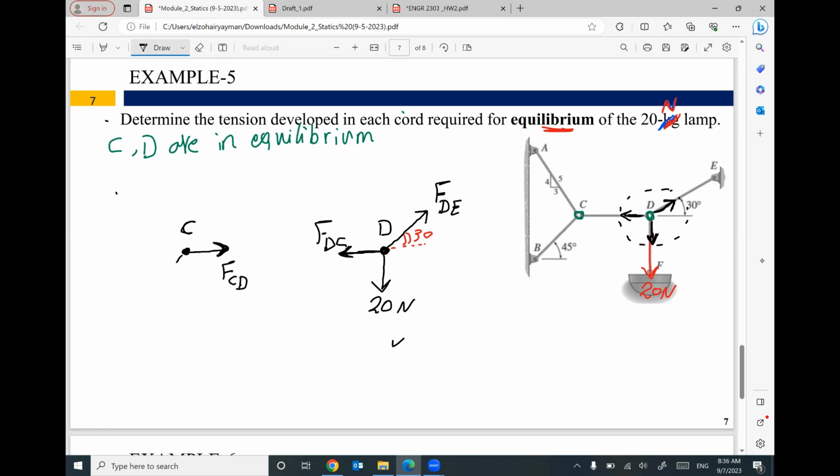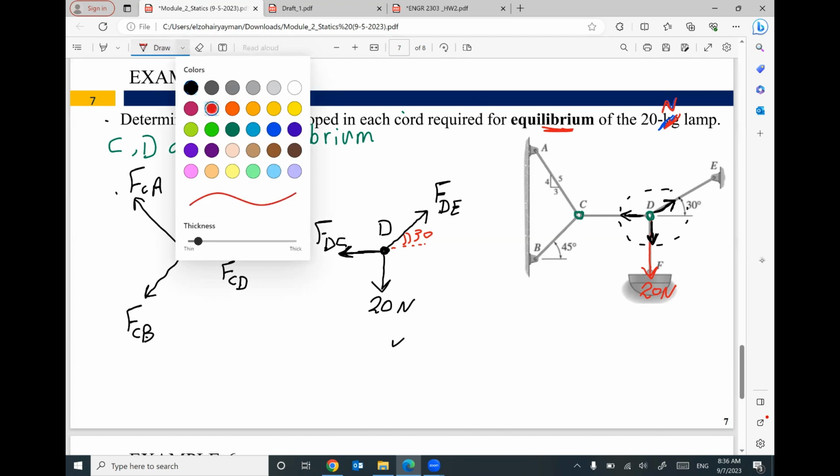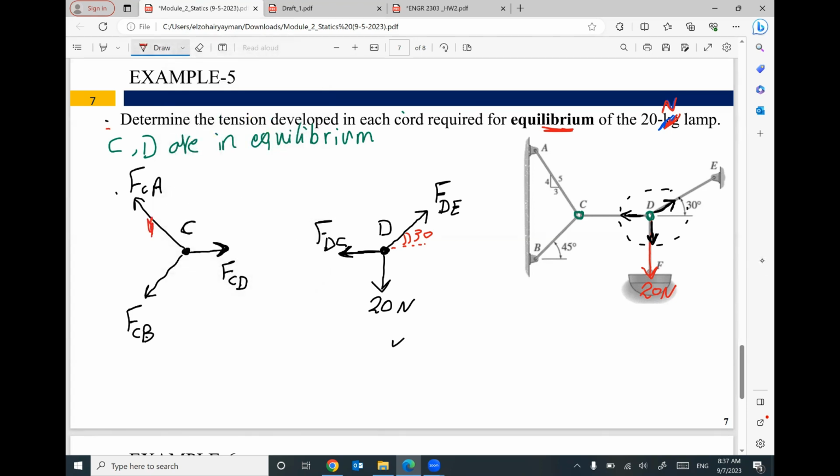And we have this force in this cable FCB. And we have a force in this cable FCA. Keep in your mind, for this force, we are given a right angle triangle 4, 3, 5. For this force, we are given this angle equal to 45 degrees.